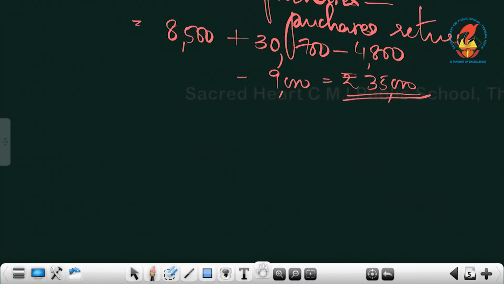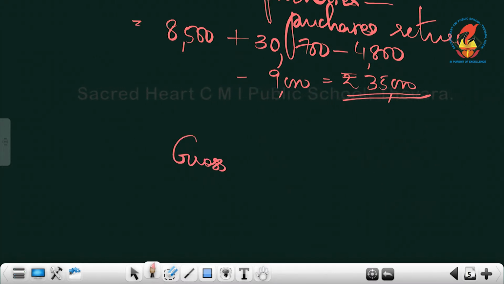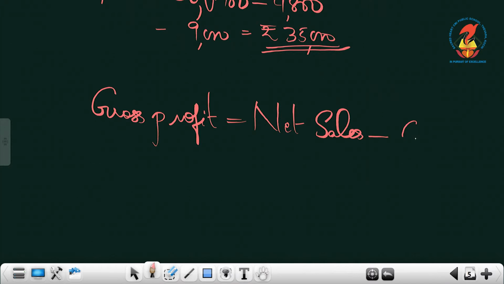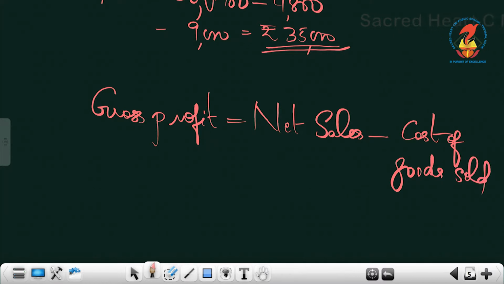Similarly, we have one more formula to get the gross profit. Gross profit you can compute either by preparing the format of trading account and computing, or else, depending on the question, you can apply one formula, that is net sales minus cost of goods sold.